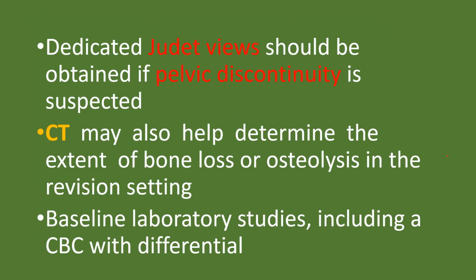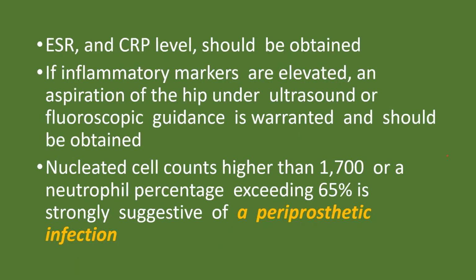CT may help in determining the extent of bone loss or osteolysis in the revision setting. Baseline laboratory studies, including a CBC with differential, are very important. ESR and C-reactive protein should be obtained.